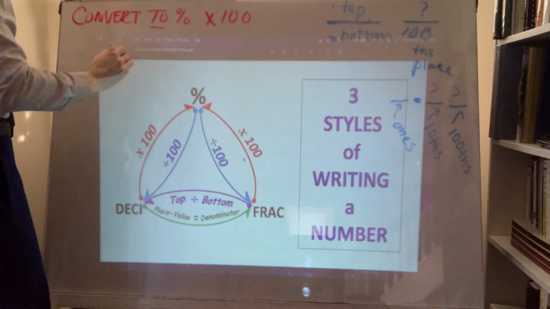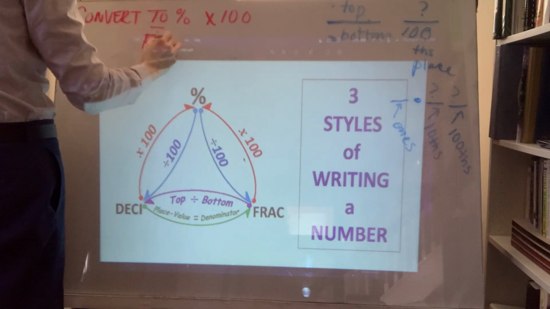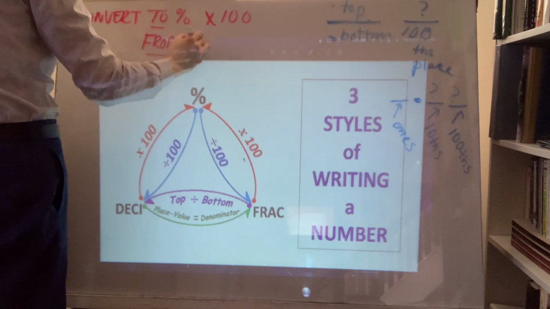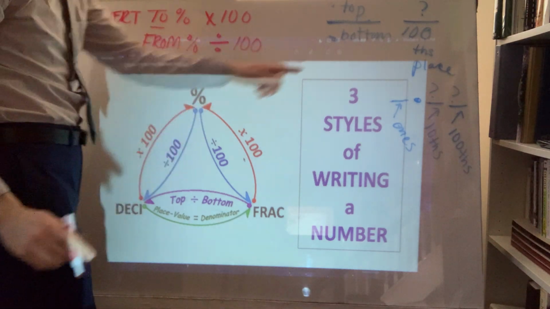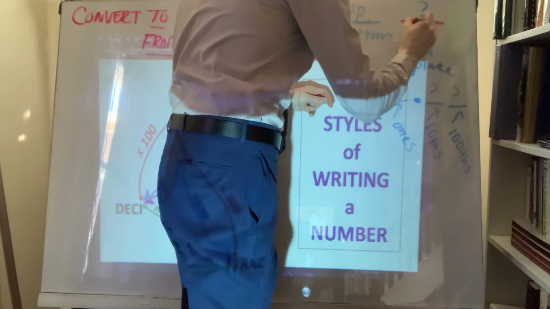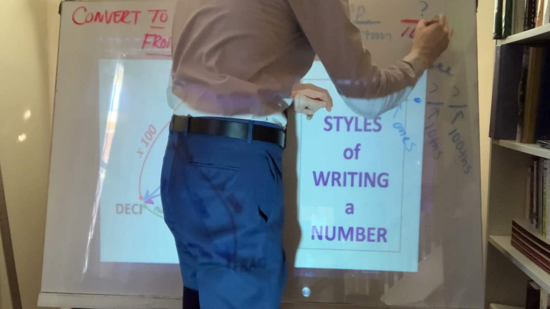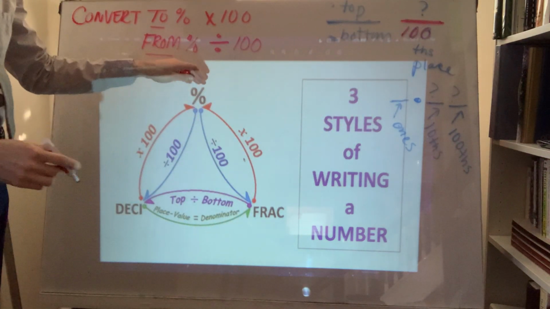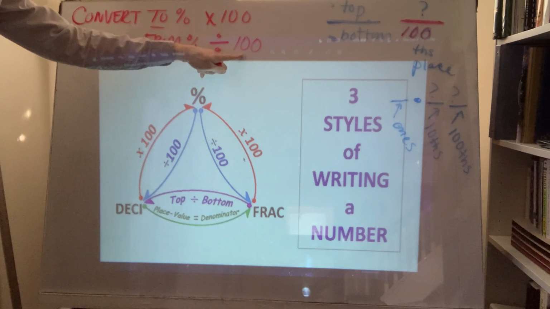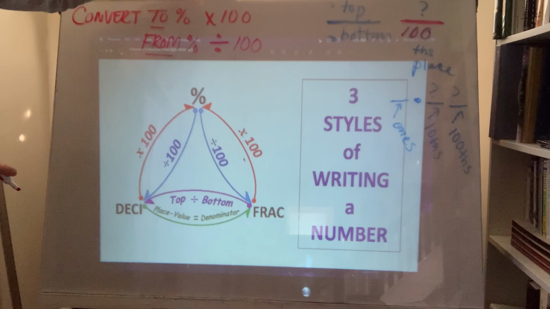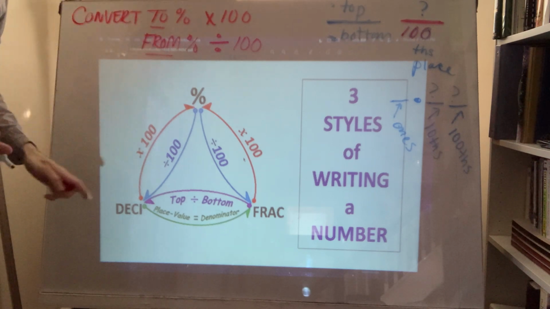If you're going to convert from a percent, that means you're going to do the actual division, not simply write it over 100. When you are starting with this, you're going to divide. When you're starting with this, you're going to multiply.